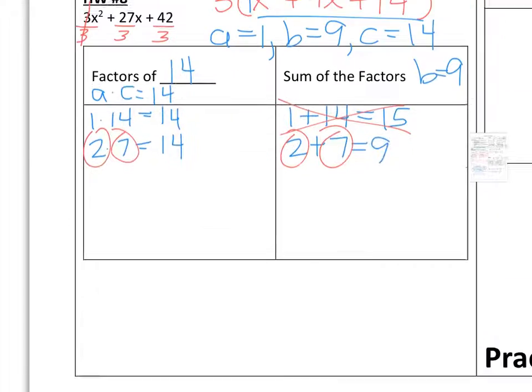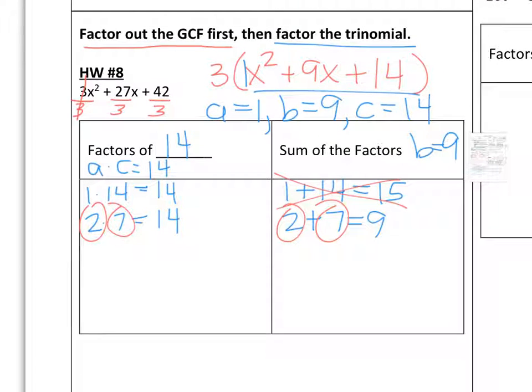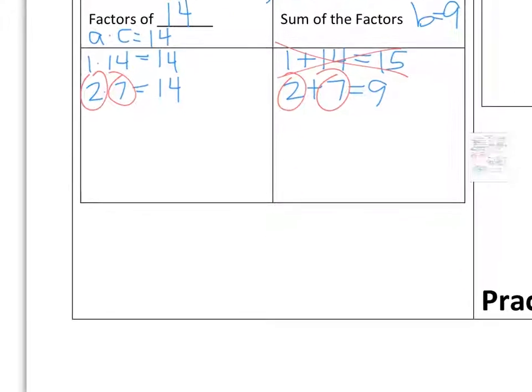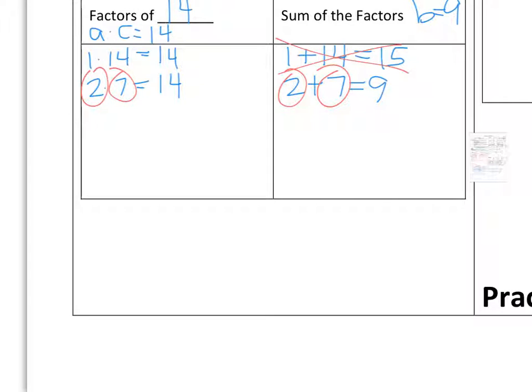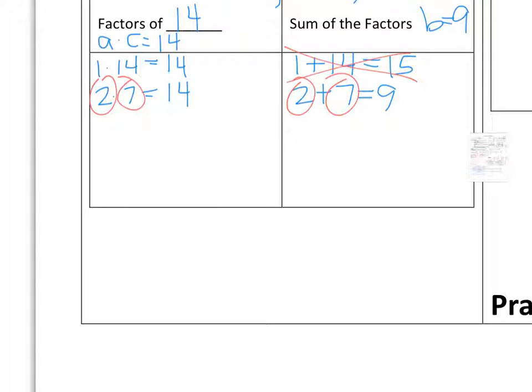So I'll write this. Now the one thing I don't want to forget on this one is there's got to be a 3 on the outside of even what I factor down here. So we're going to put our 3 first, and then we're going to put our 2 parentheses. So the x's go first, and then a positive 2 and a positive 7.